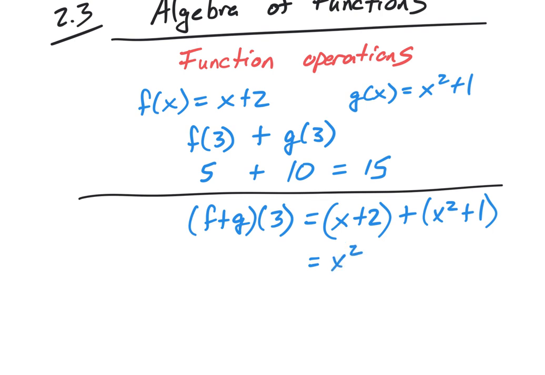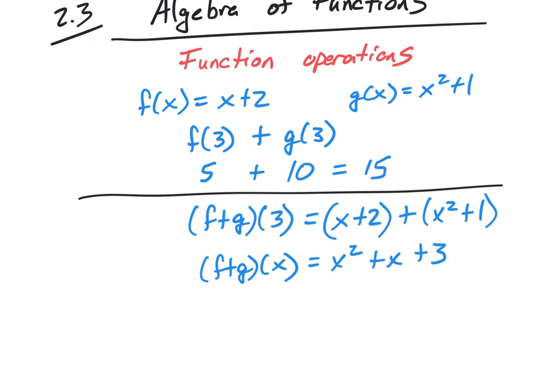That's usually how you're going to see functions written. Highest exponent down to lowest exponent. We call that standard form. The x is the only x we have in here. And then 2 plus 1 would make this 3. So if I said, what is f plus g of x, that would be our answer, right?